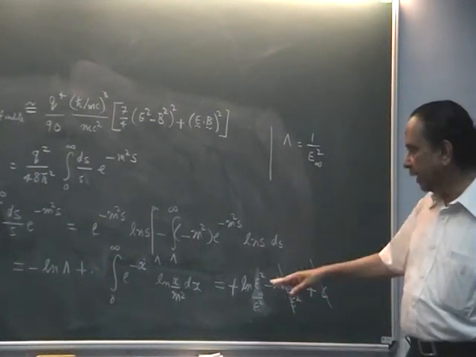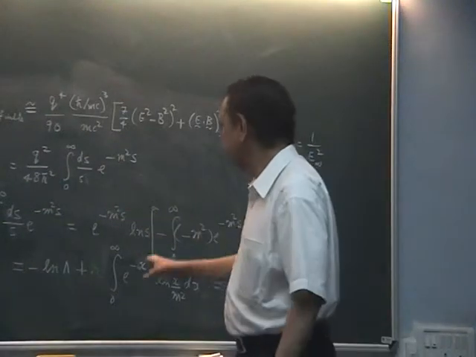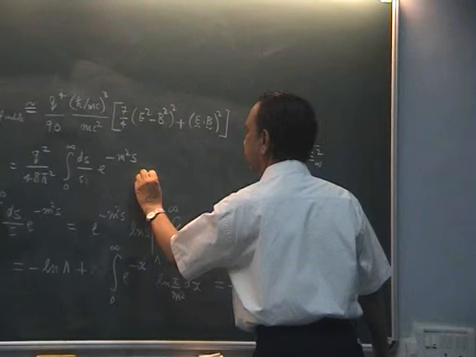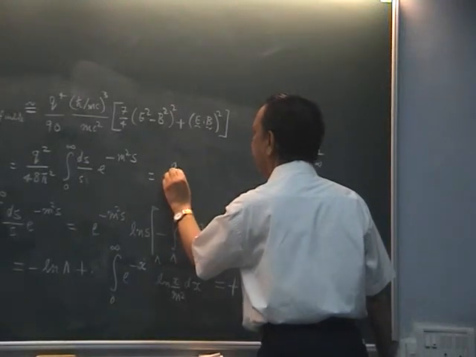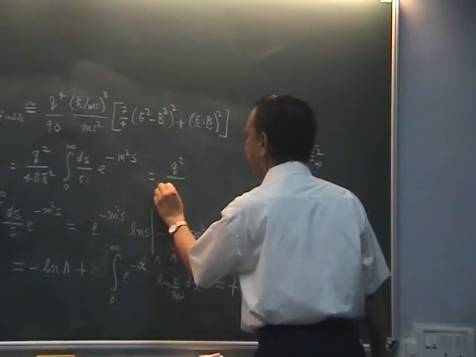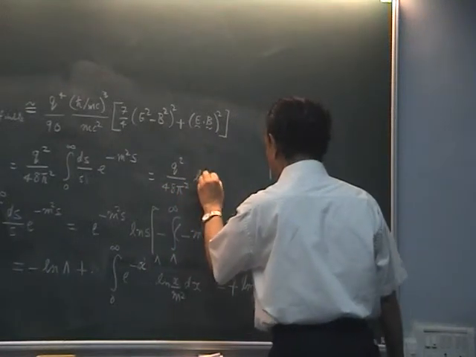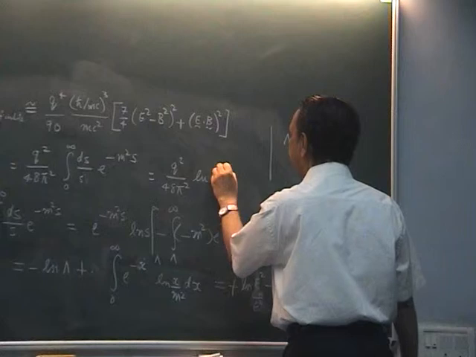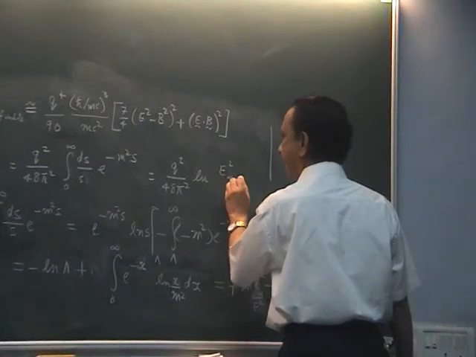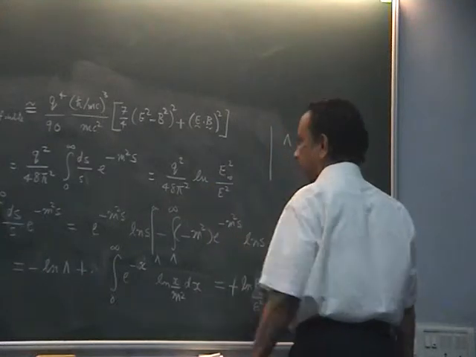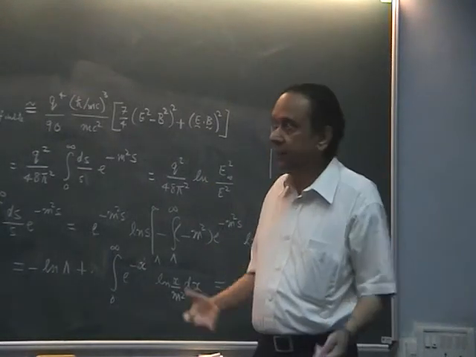So the answer which I get after I do all this is that this divergent factor is going to be this. So this is going to be q square over 48 pi square log of some E infinity square upon E square. This is what you get. What does this mean?